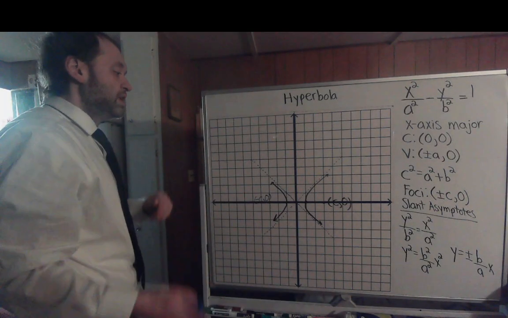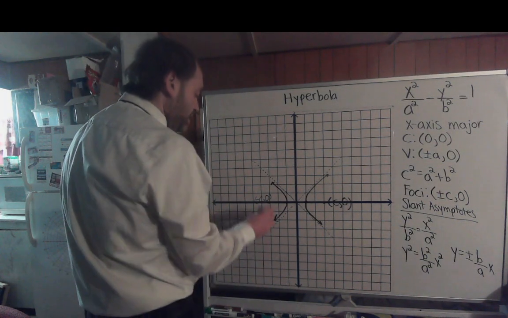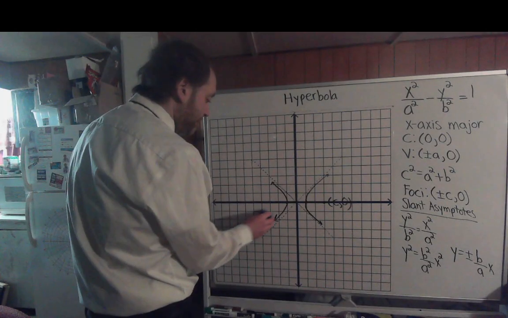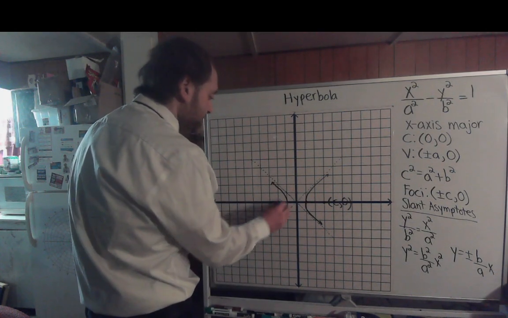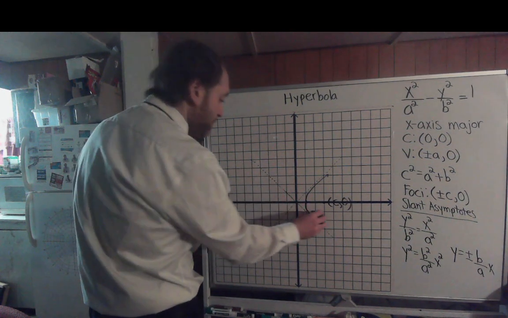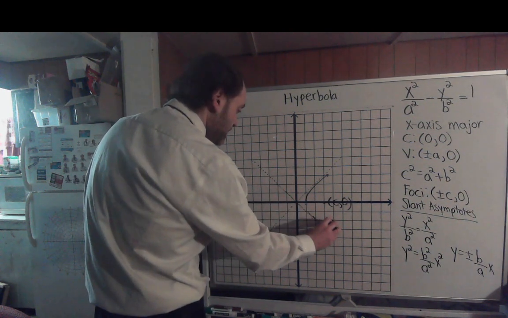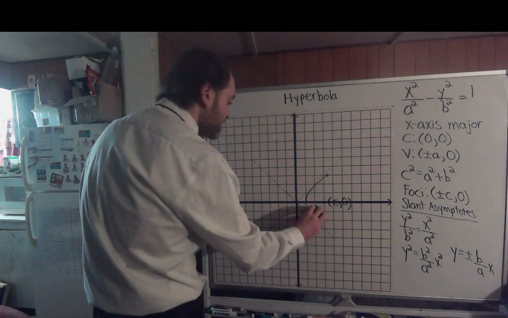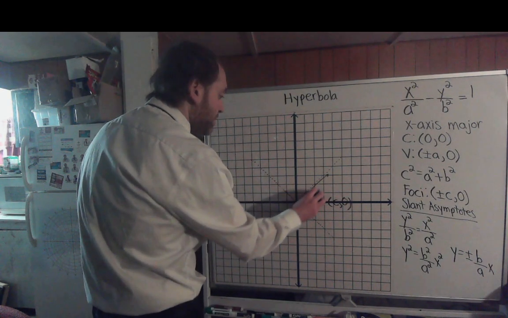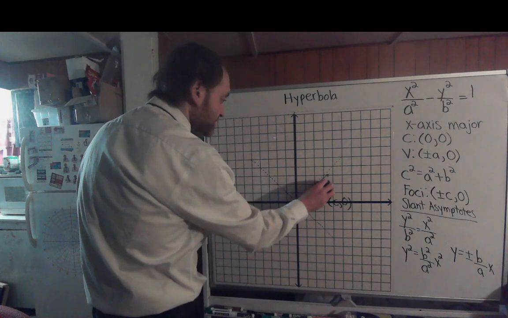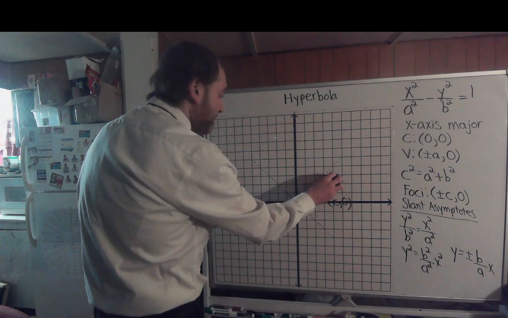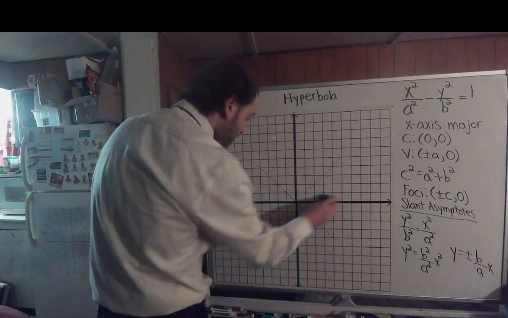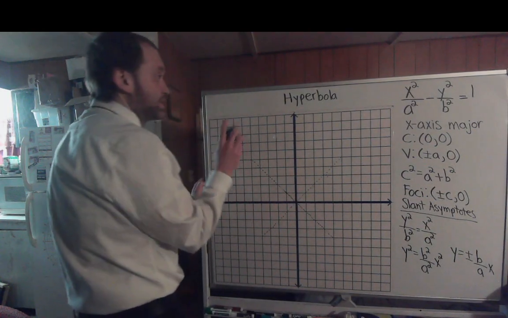Now, let's flip this around a little bit here. Let's make the y-axis the major axis this time. The asymptotes should largely end up being the same for the example I'm about to do. For all intents and purposes, they will be. But we're going to make the y-axis the major axis this time.